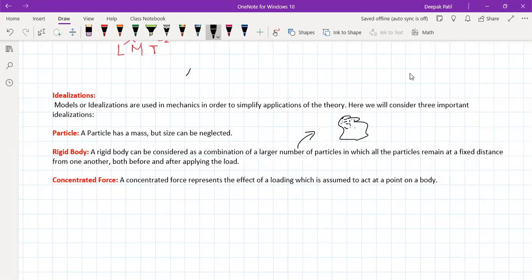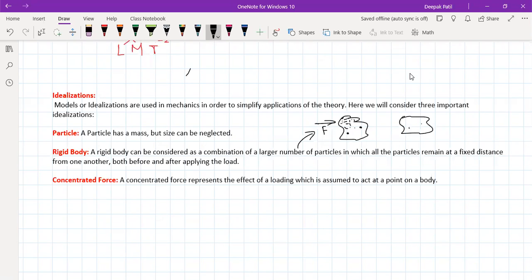When you try to apply some force on this rigid body, for example, if I take two particles which are at some distance from each other, even after applying the loads, the size, shape and the distance between these two particles will remain the same. That is, before applying the force and after applying the force, the distance between those particles will not change at all. Such a body I can call a rigid body, right?